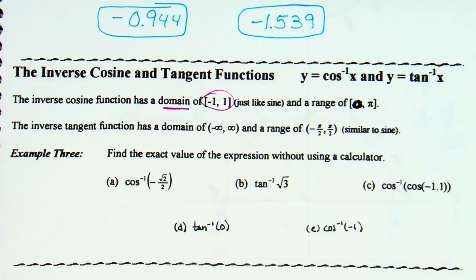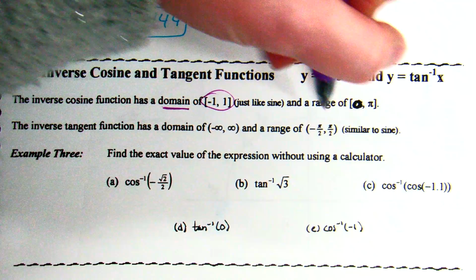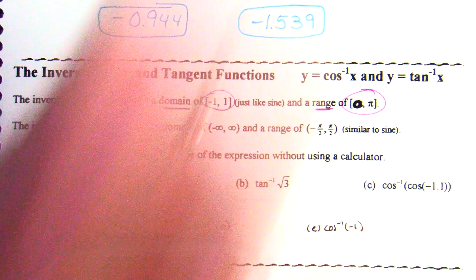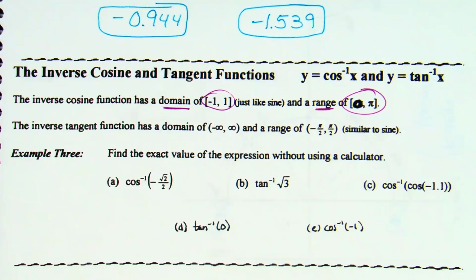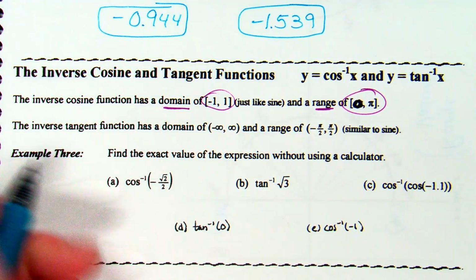However, this is important. What do you notice about the range? 0 to pi. If you're looking at your half circle, instead of being the right side of the circle, it is the top side of the circle.